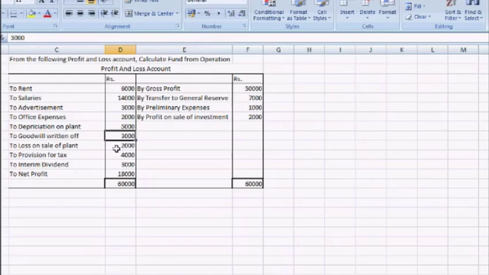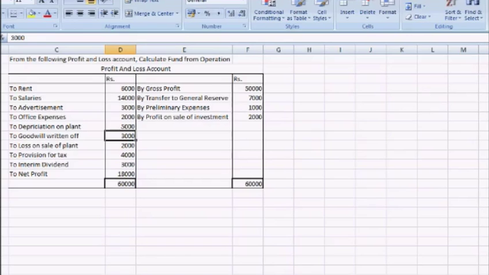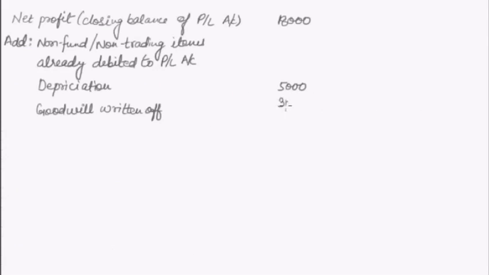The next one is goodwill written off. The amount is 3,000. Now for both depreciation and goodwill written off, we don't pay anybody any amount, and we can also say we don't pay from our pocket.